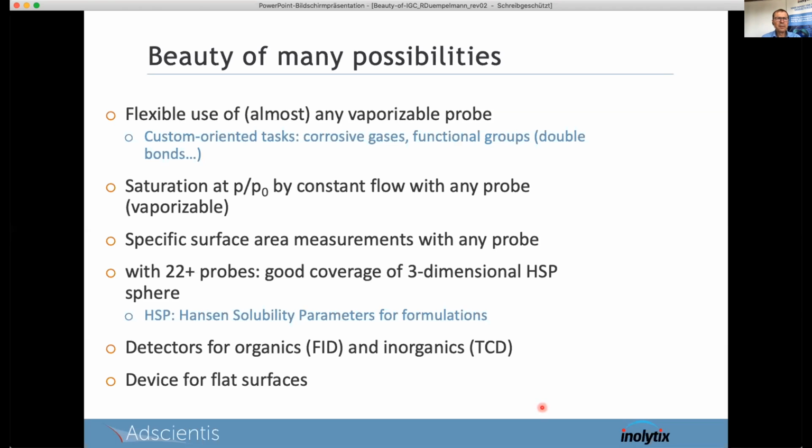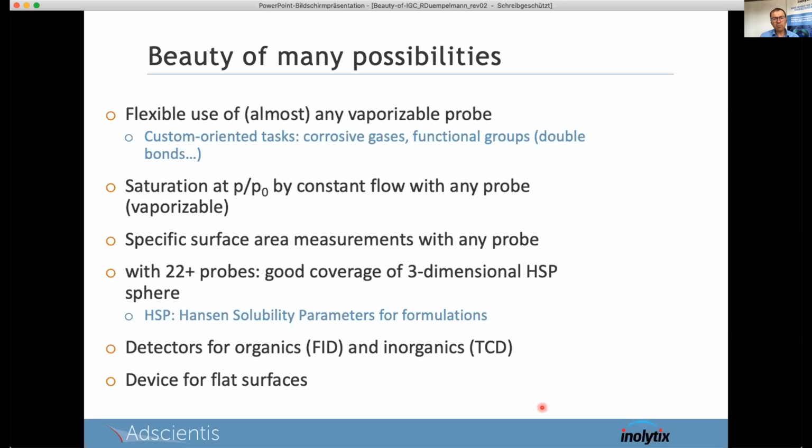Also interesting, specific surface area measurements with any probe. So you can take water, you can take a more hydrophilic probe, and this maybe goes into the direction also what Stephen was mentioning. So be creative in what you would like to measure, and not only specific surface area measurements, but also the heterogeneity here. Take advantage of this one.